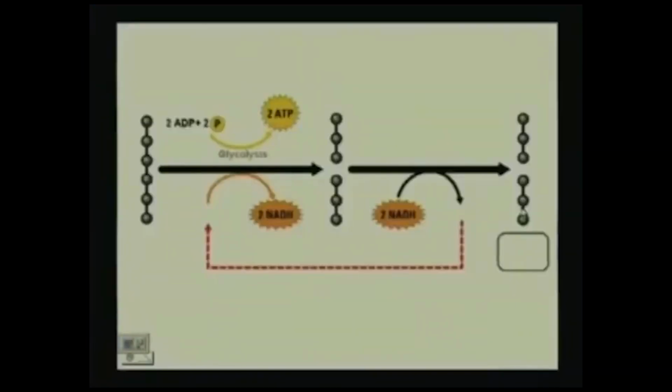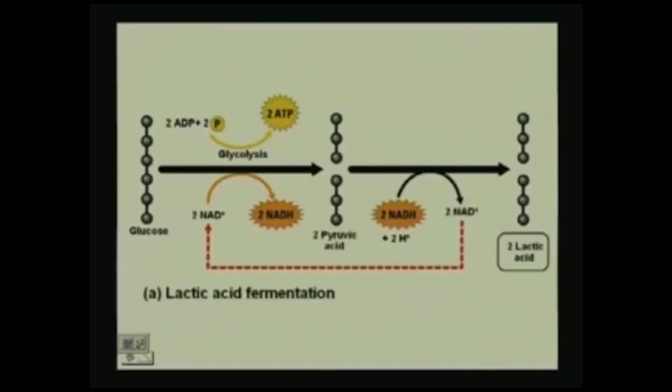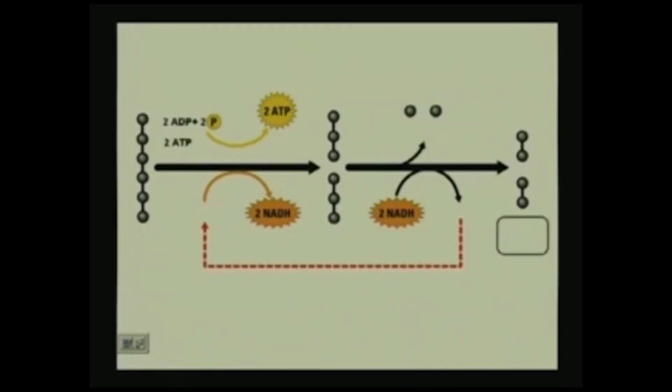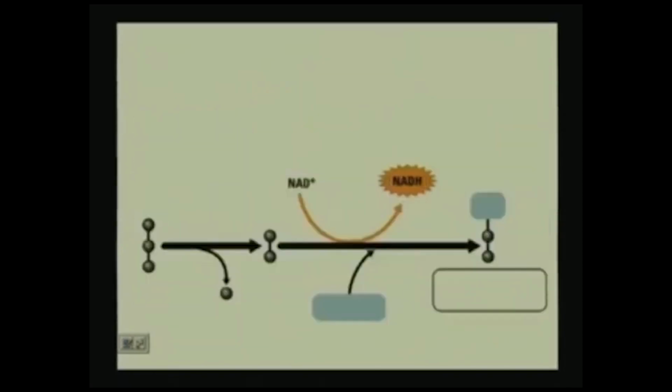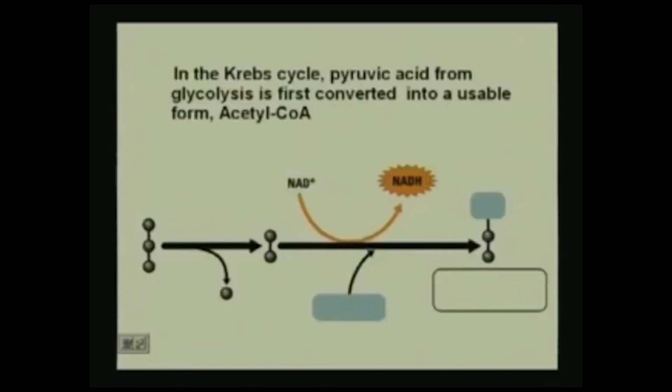Now this is also happening where you have lactic acid formation, that usually is an anaerobic form, which happens a lot in the muscles, the skeletal muscles. Then we also have this form where we will have alcohol fermentation in the formation of ethyl alcohol, that is usually formed in yeast.